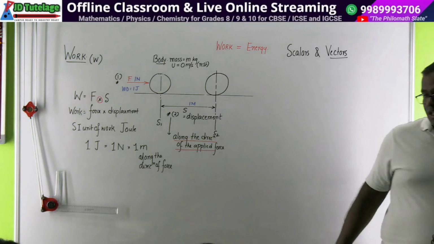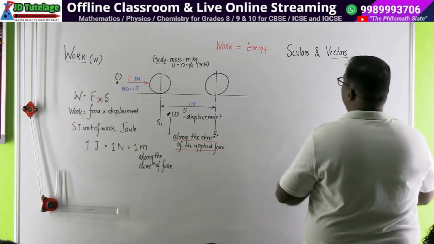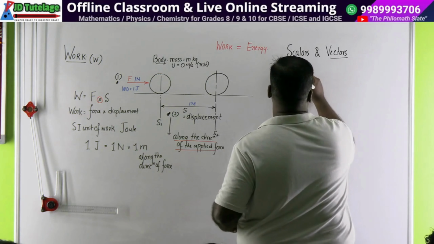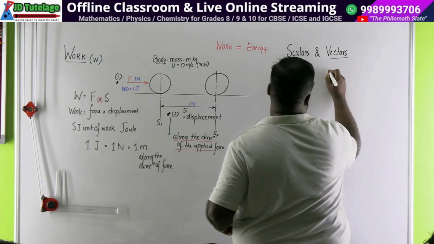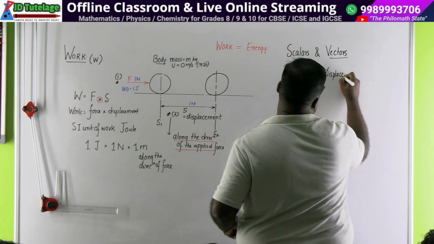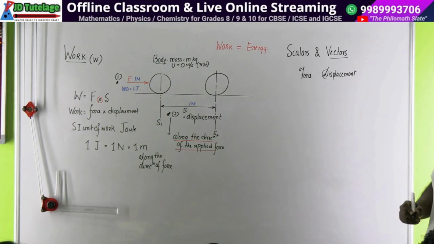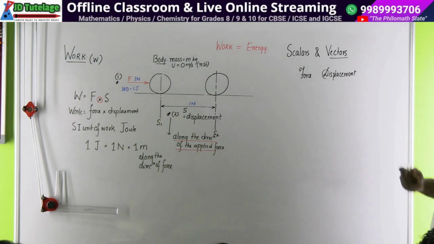चलो. Now look at these two things. Okay, let's bring them. One of the fellow is force and one of the fellow is displacement. Can you classify them as scalars and vectors? What is force and what is displacement? Force is vector, displacement?